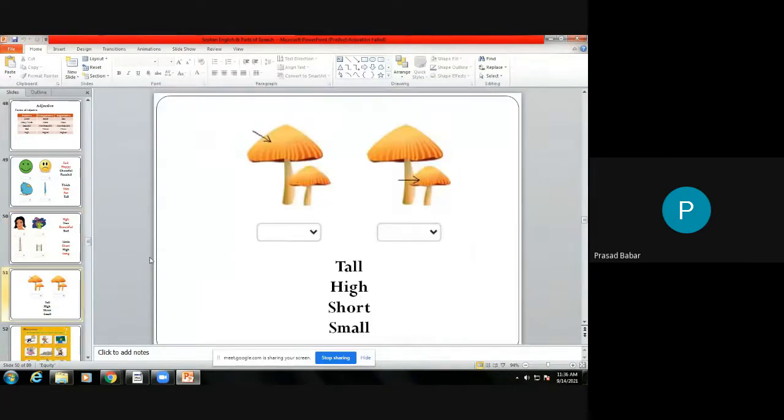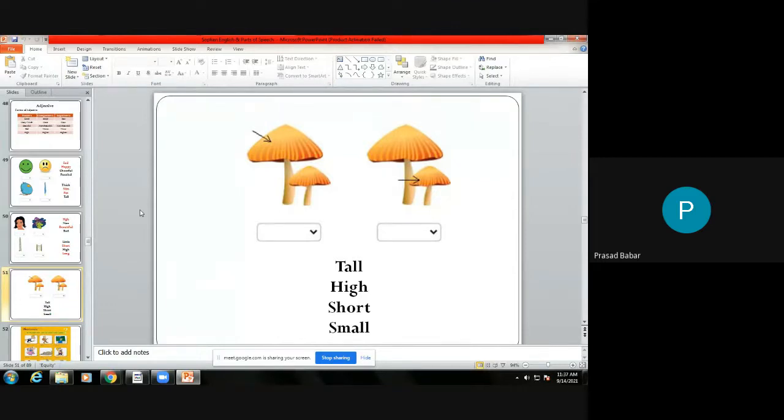So this is one more exercise. So let's see another exercise. Yes, there is an image of two mushrooms, okay. First image has a tall mushroom plant, okay, and we will use the adjective tall for this image.